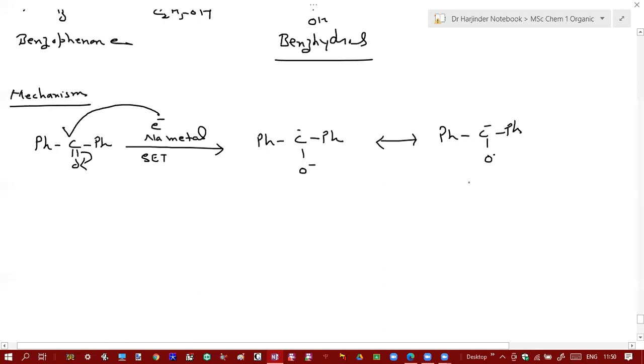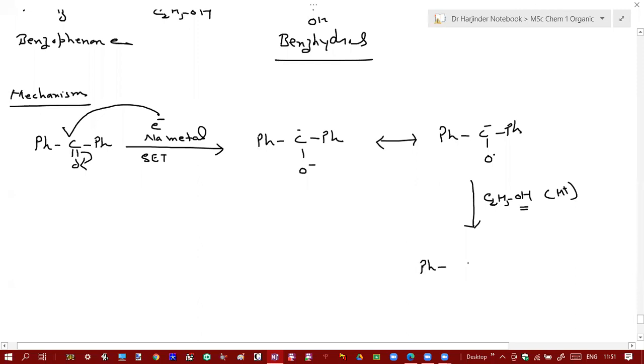Next, there will be a transfer of proton from ethanol, which acts as a proton source. So there will be a transfer of H plus ion.